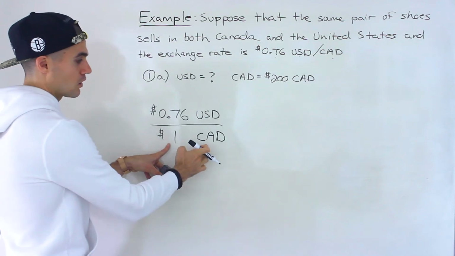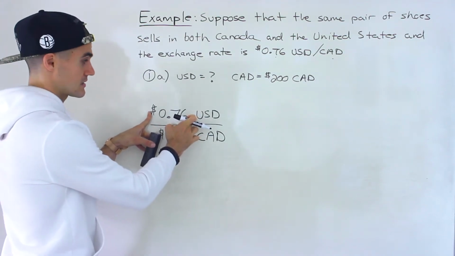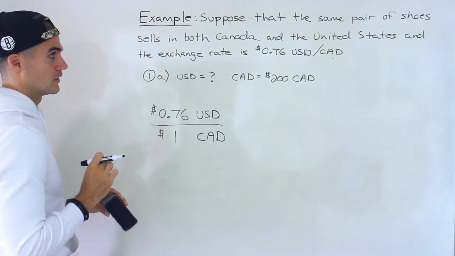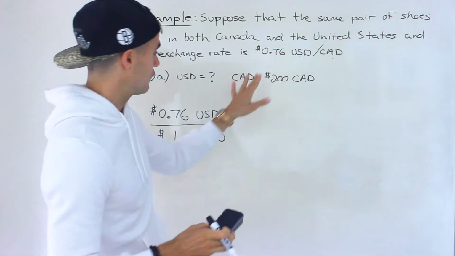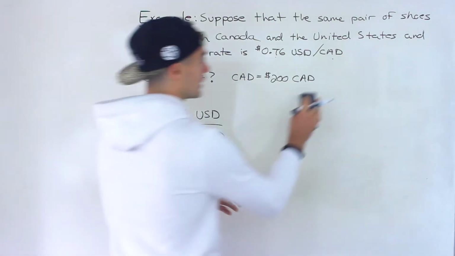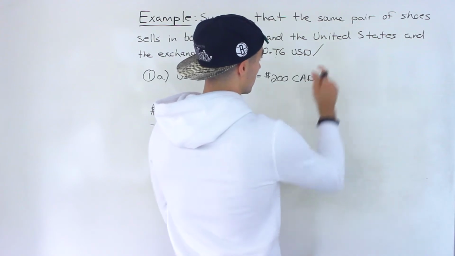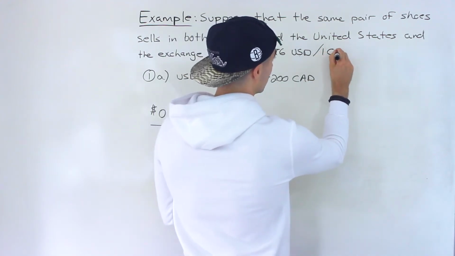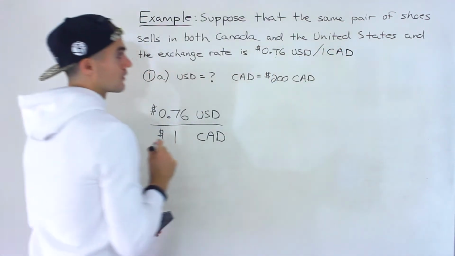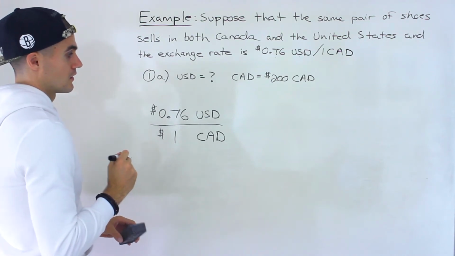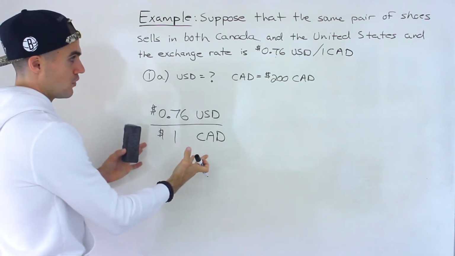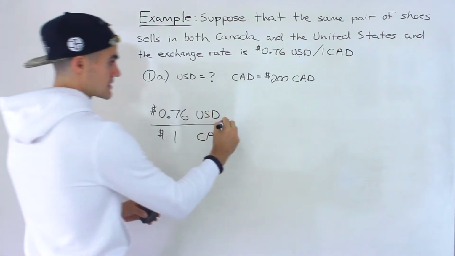Or $1 Canadian dollar will give you 76 cents of the US dollar. Right? So whenever you see this kind of format, this is what it always means. There's like, how I like to think about it, an imaginary one over here, like that.